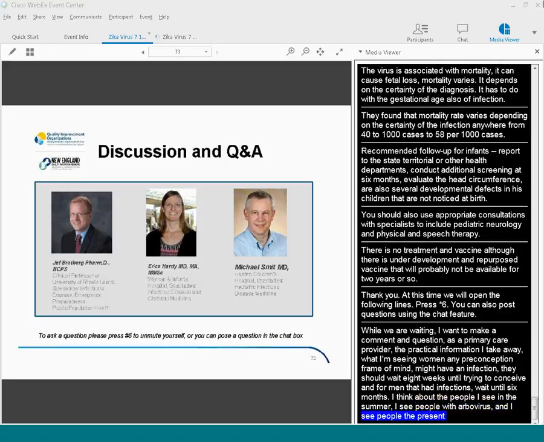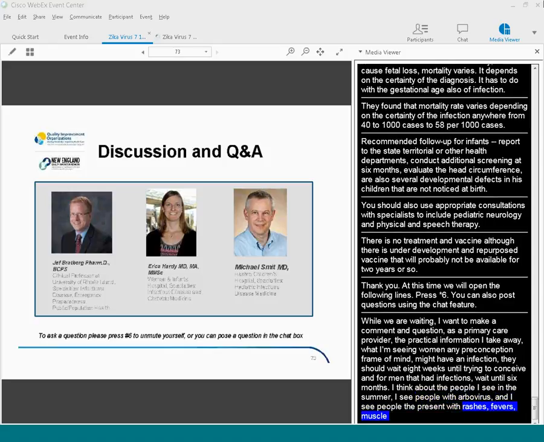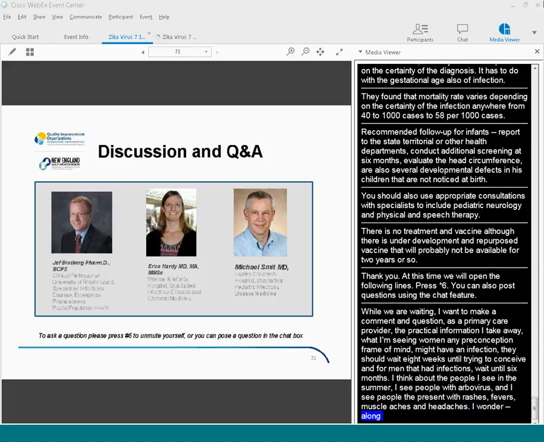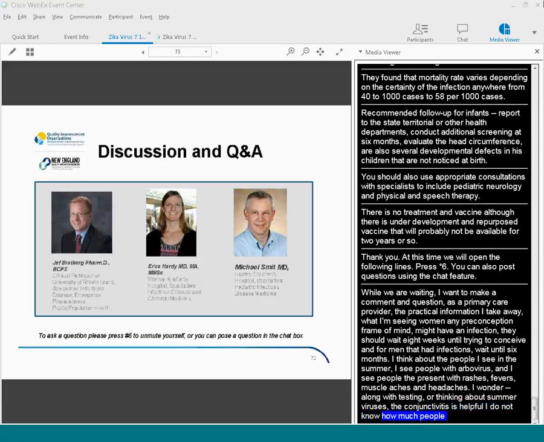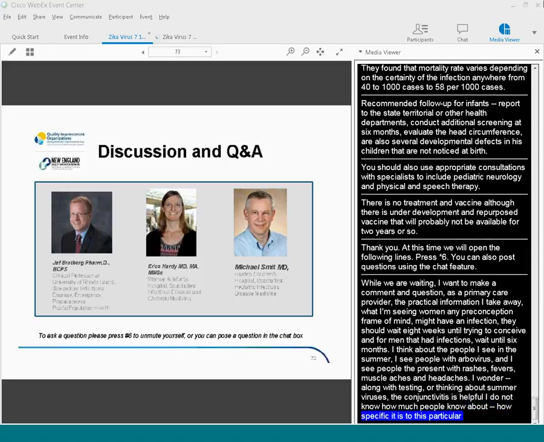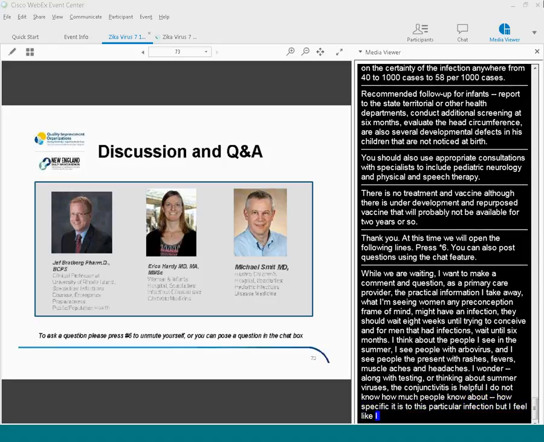Along with testing for, say, Lyme or ehrlichiosis or babesiosis, or thinking about summer enteroviruses or meningitis, the conjunctivitis to me is helpful, and I don't know how much people know about how specific it is to this particular infection, but I feel like if I saw conjunctivitis, then I should also be sending a sample for testing for Zika virus.